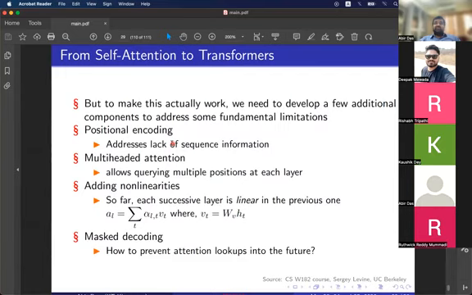You don't know that when you are generating a sentence, what will be coming at a future time step. So you need to mask that when computing the attention for the present time step. This will not make a lot of sense at this moment, but when we do it, we will see how to do it.